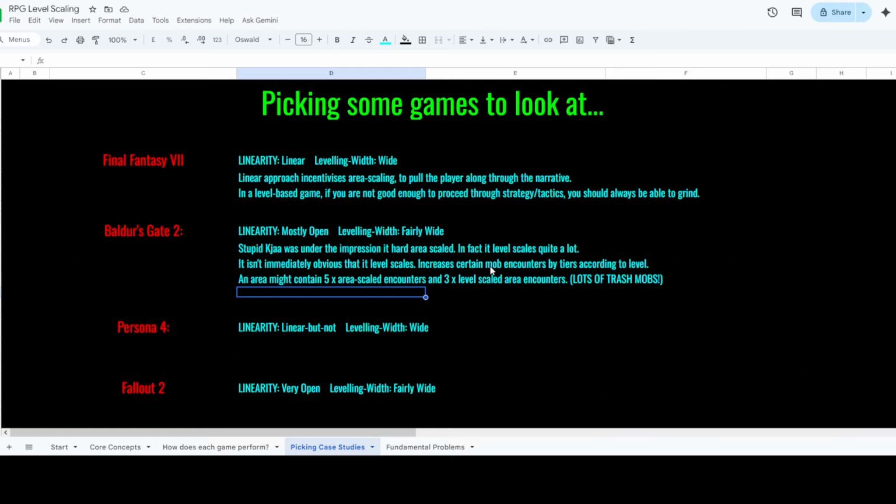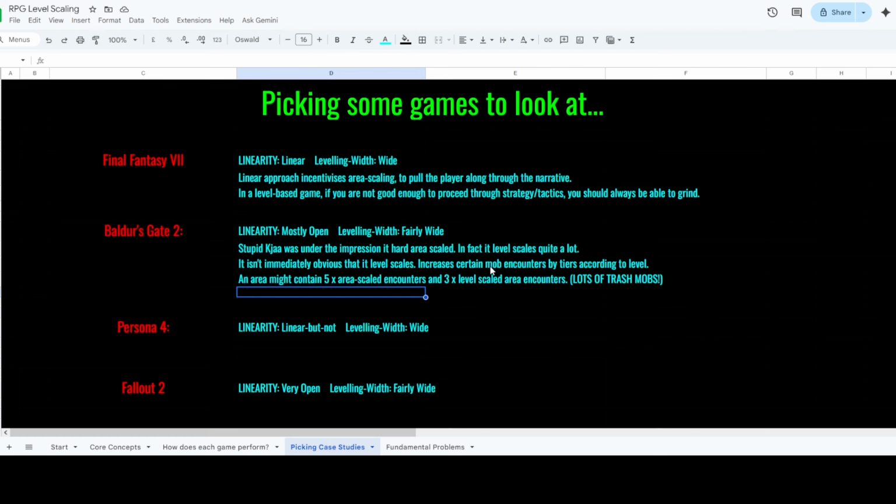Of course, not everything will scale, and there's a sense that the areas still have their identity, which is also crucial. But if you're using that sort of multiple trash mob system, you really do get the best of both worlds, in that the areas don't feel scaled.